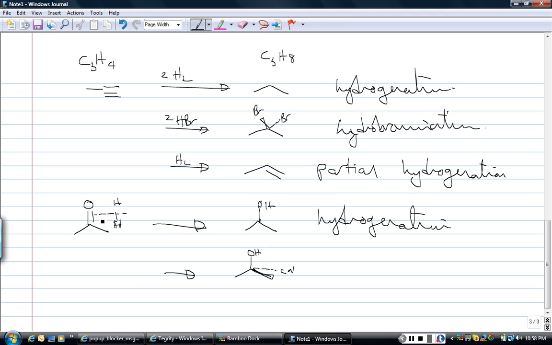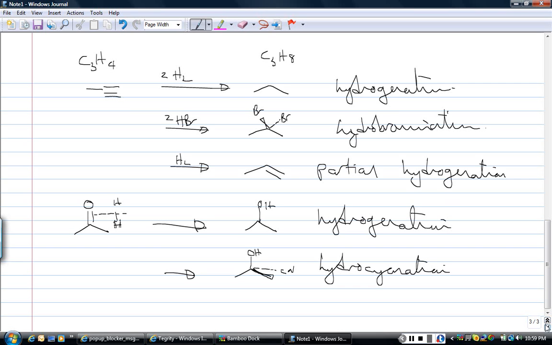So 1 H went here, 1 H went here. And in this case I'm adding HCN. This is a hydrocyanation. I added an H to this O, and a CN to that carbon. So those are addition reactions.